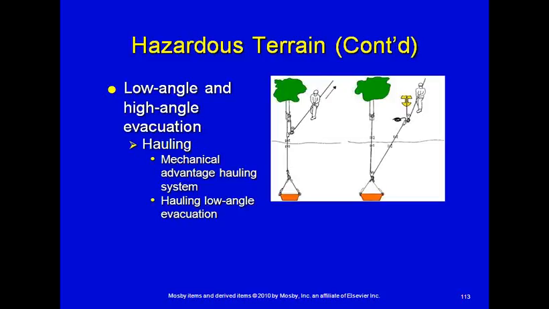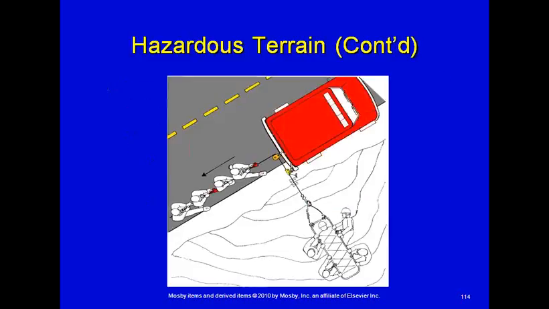This is just supposed to illustrate the hauling and moving of equipment. And you see the basket there on the bottom being pulled up in order to bring equipment up to where you are.